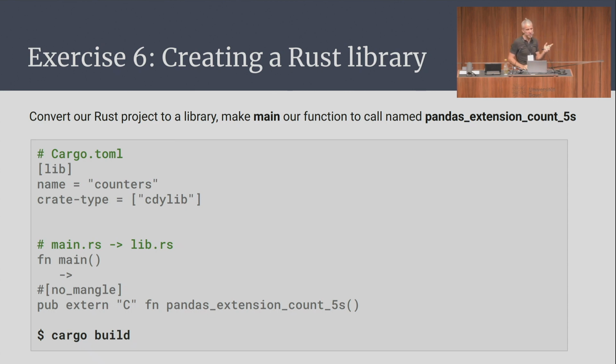And it's worth mentioning this crate type because Rust supports at least two different types of compilation. One is compiling for the Rust world. If you are building a program in Rust and you have extensions, imagine pip packages, the equivalent of pip packages are called crates, you would be able to take your Rust program and say it depends on this, it depends on this, it depends on this.